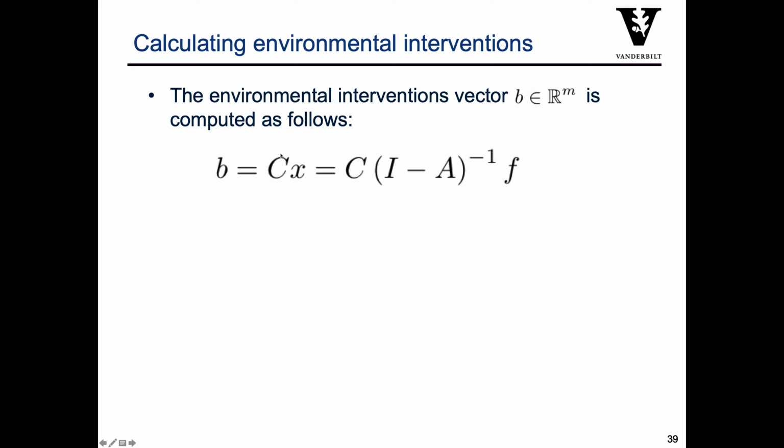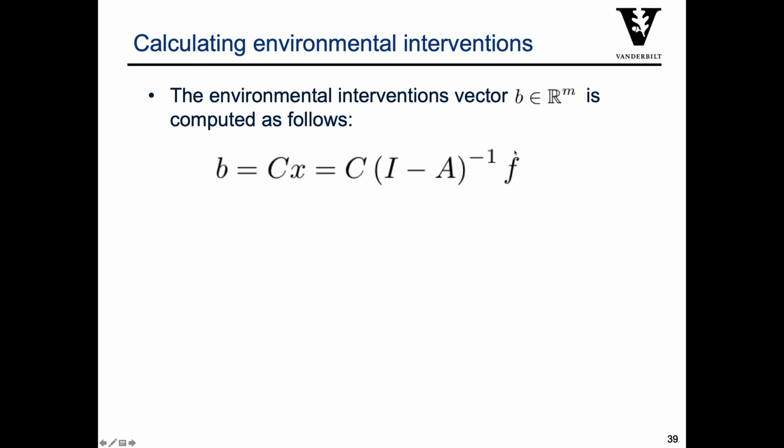Well, just like we did for the process-based LCA, we can stack all that stuff in a matrix, and that does nothing more than take our total output, I minus A inverse F, for a specific amount of spending in sector F, and that will allow us to calculate the interventions vector B. Well, in the same way that we did these tricks in the past, where instead of you specifying the final demand, I go ahead and take I minus A and invert it, and then multiply whatever I've got left by this matrix C. I can instead multiply C times I minus A inverse, and that will give me the interventions intensity.